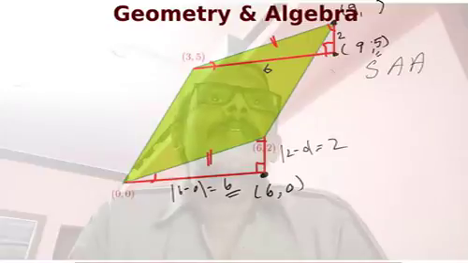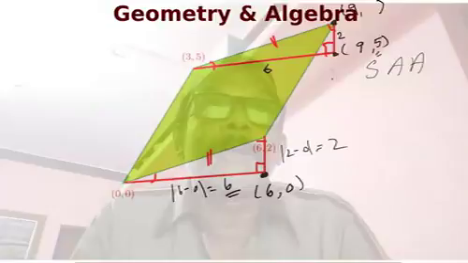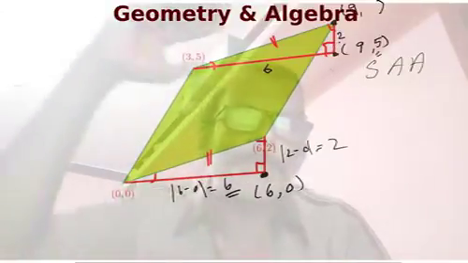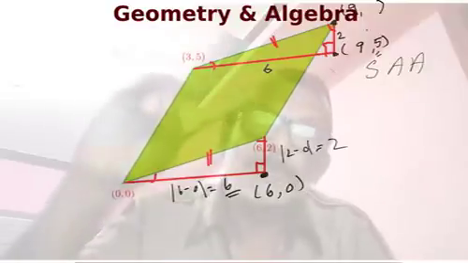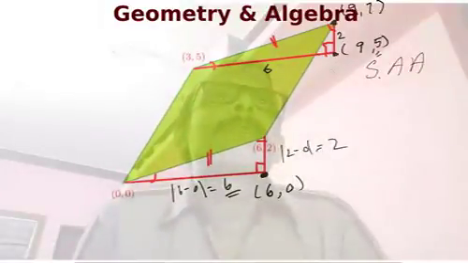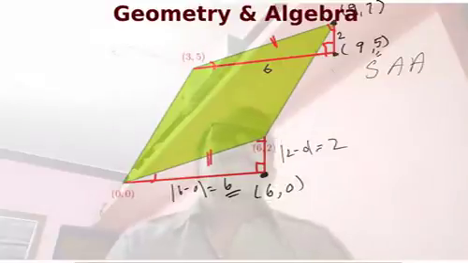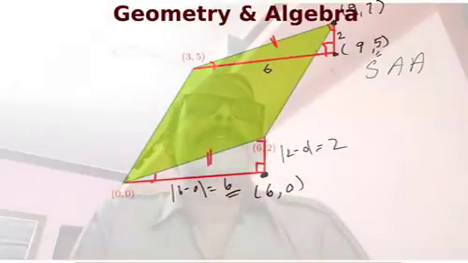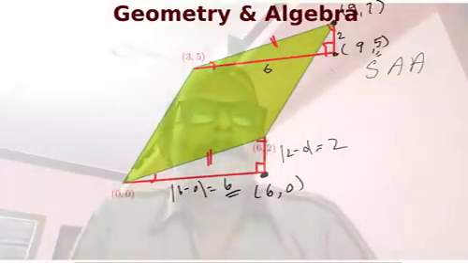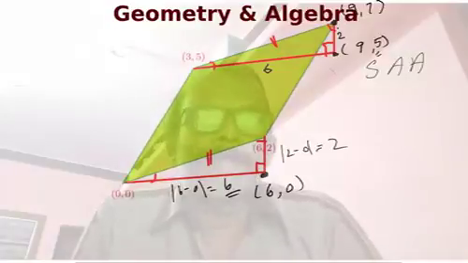So here this length also will be 2. Then what will be the y coordinate of this point? It will be 5 plus 2; you have to move upward 2 units. So 5 plus 2 is equal to 7. So we got the fourth vertex of the given parallelogram, and it is (9, 7).